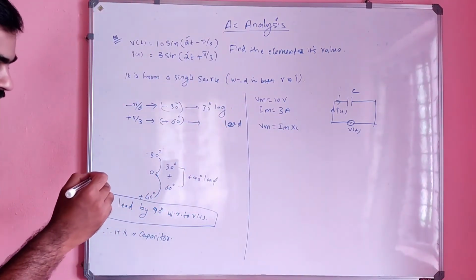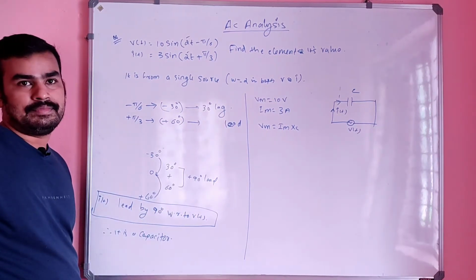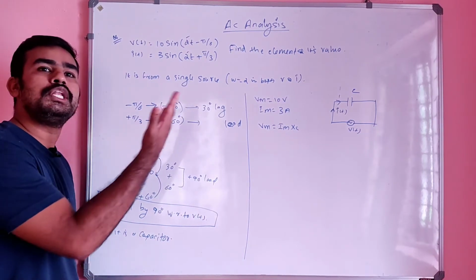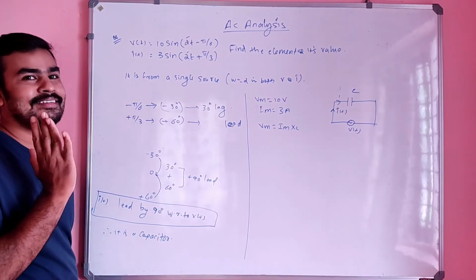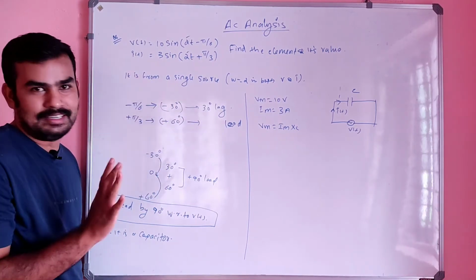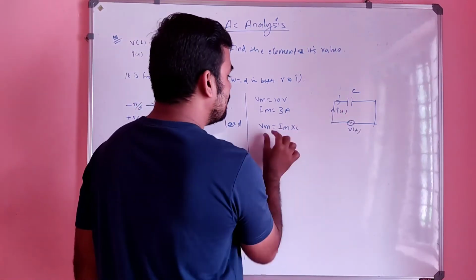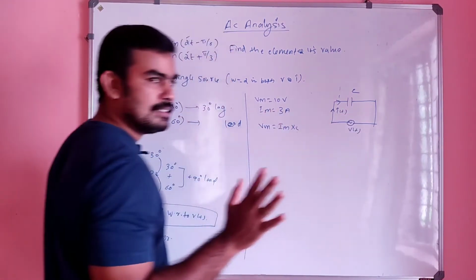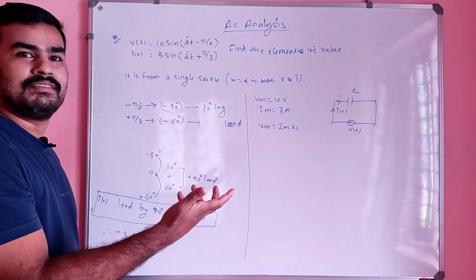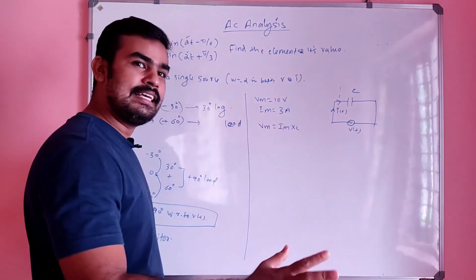The maximum value of voltage equals the maximum value of current into XC. That's all. It is like the concept V equals I into R. Or simply V of t is equal to I of t into XC. Similarly, Vm equals Im into XC.